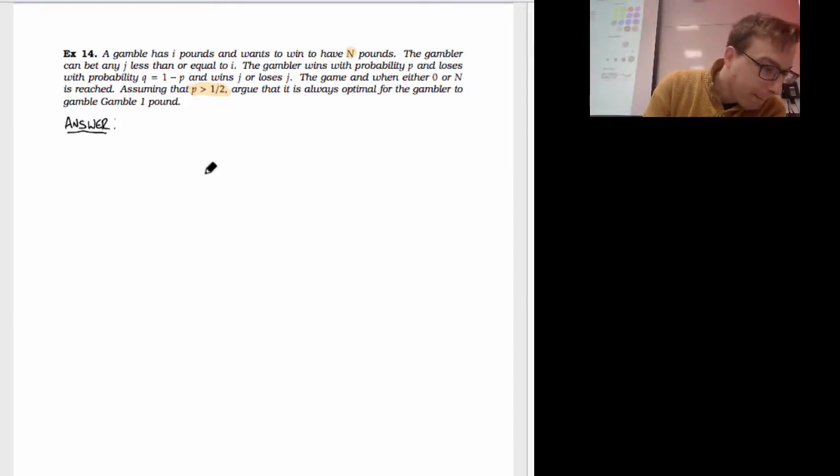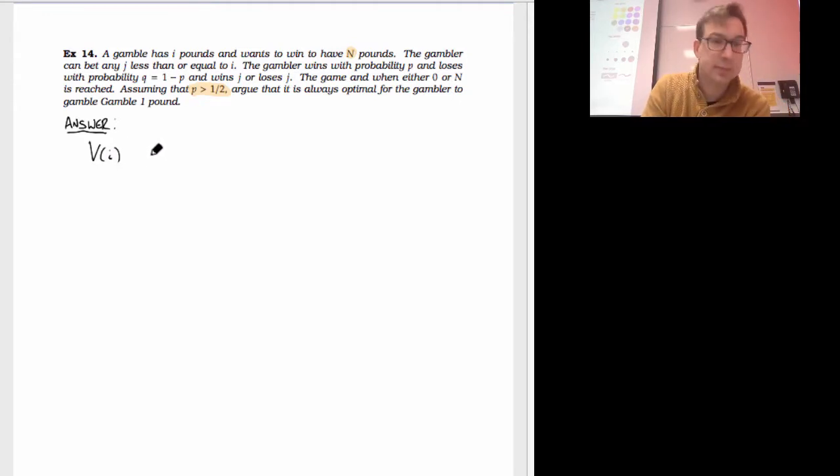So we're going to let V be the optimal value from being in state I. Now, the two specific states: what is the value of being in state 0 in this example? Having no pounds, you've got no money left to bet, so the value is 0.